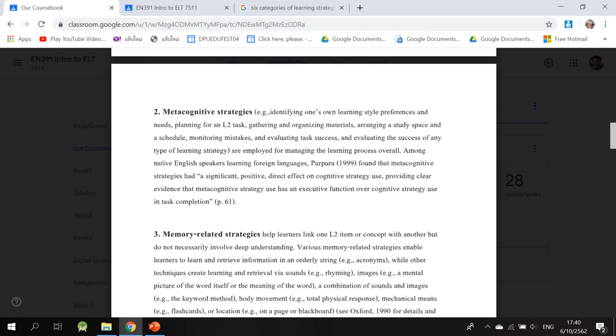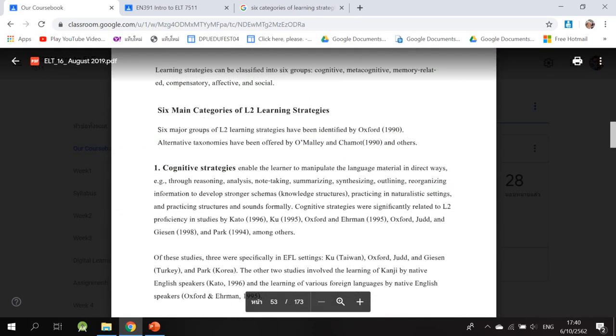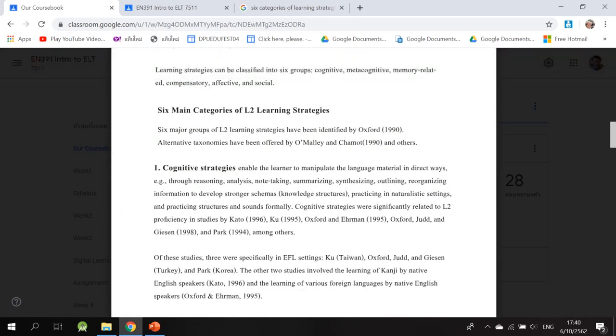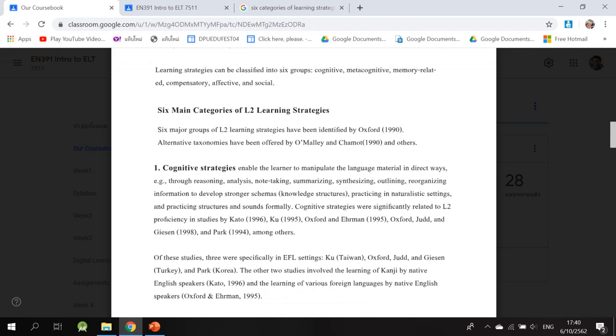You know, in learning you need to set goals. Goal setting is part of metacognitive strategies. And the first one I use a lot too, cognitive strategies like summarizing, note taking, organizing the information in a convenient way, reorganizing this.